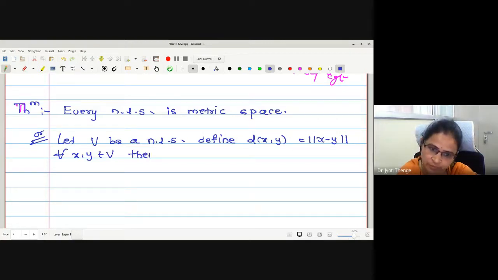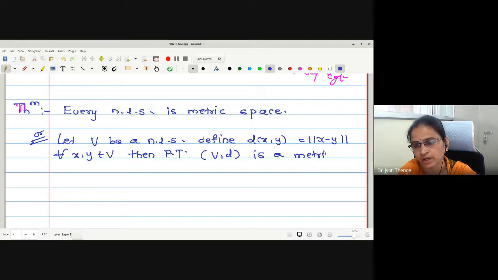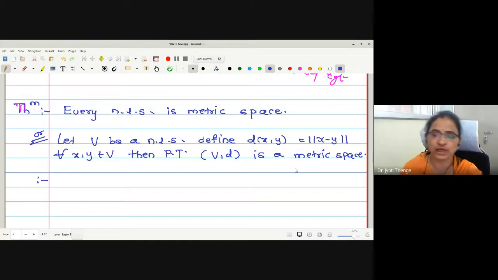Then prove that (V,d) is a metric space. What is given to us? A normed linear space is given, and it is asked to prove it is a metric space. So we can use the conditions of the norm function, and we have to prove the conditions of the metric function. Correct?